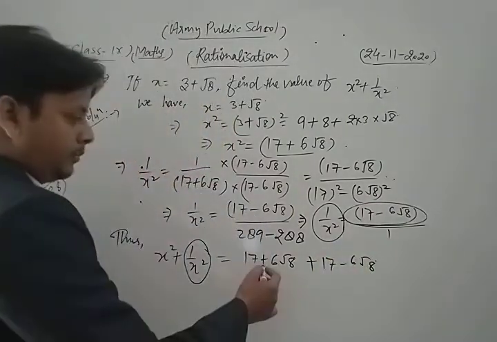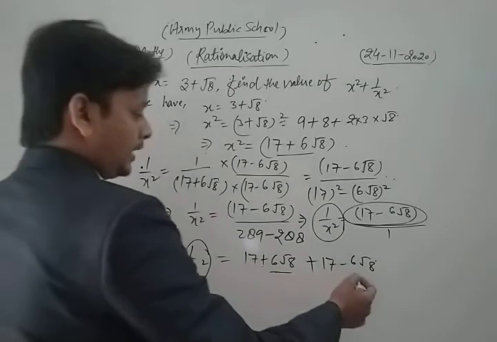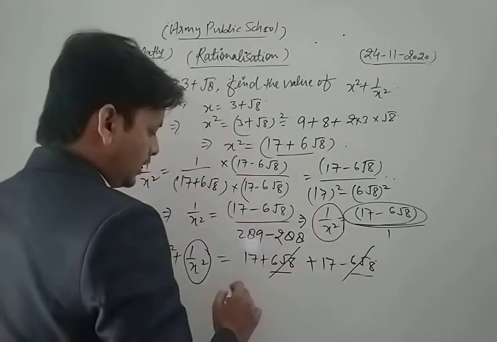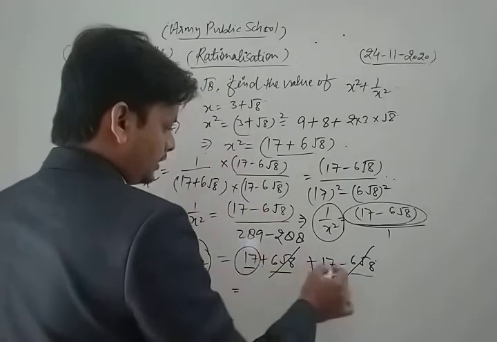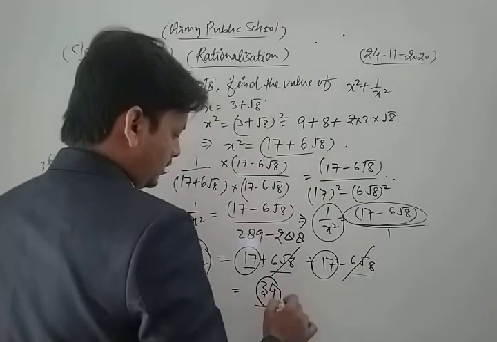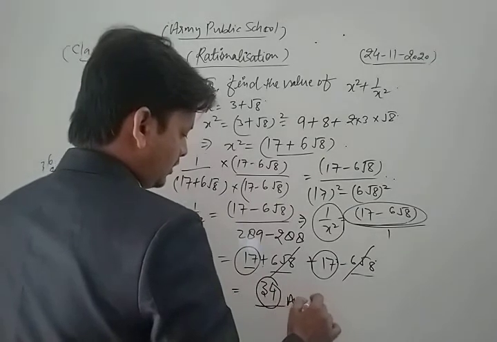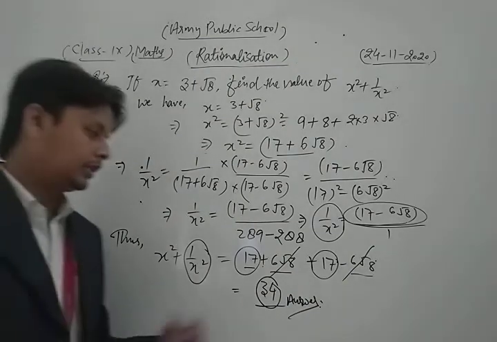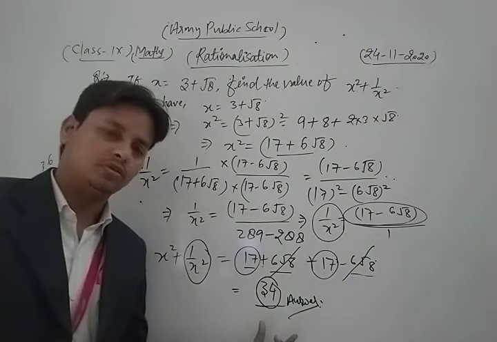This is plus 6 under root 8, this is minus 6 under root 8, so these cancel each other. And 17 plus 17 is 34. This is our required solution of the given question.